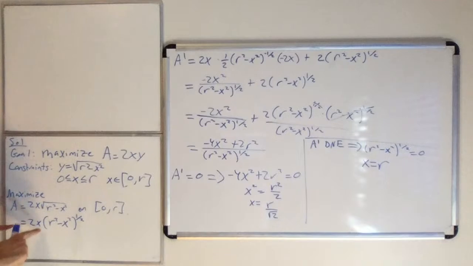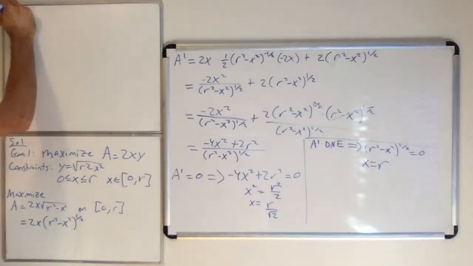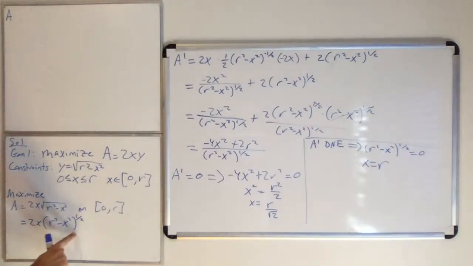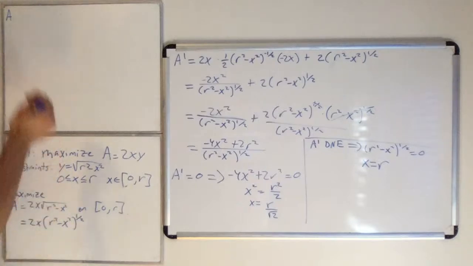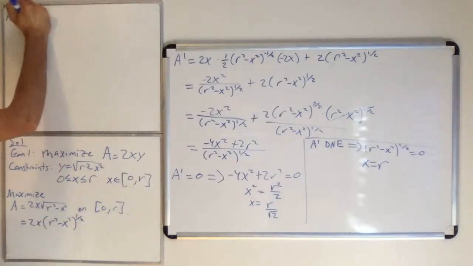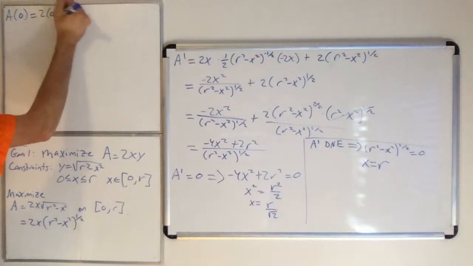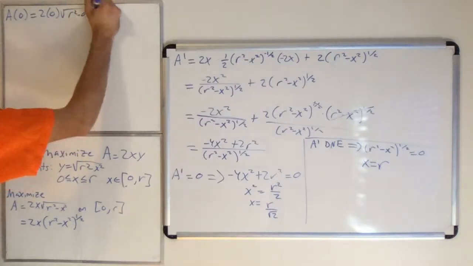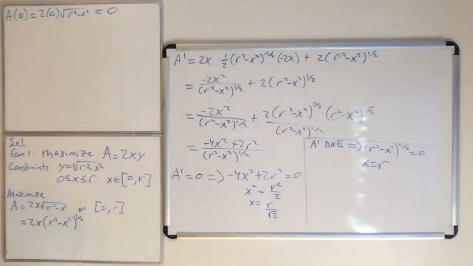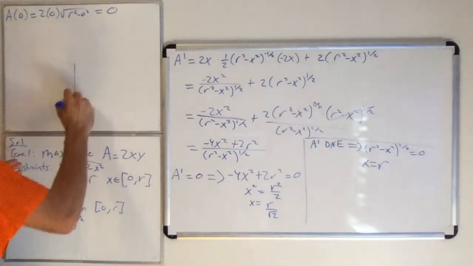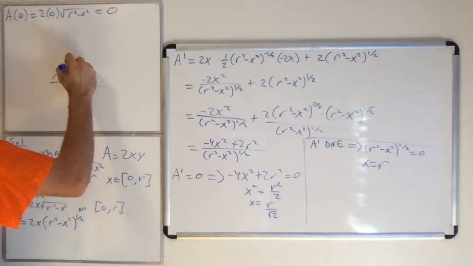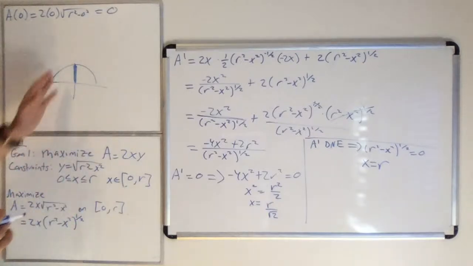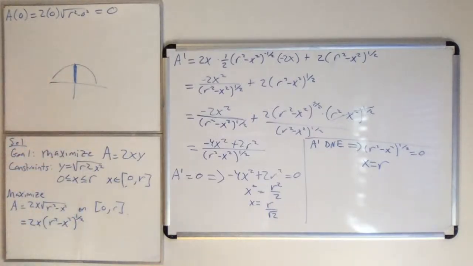So our function is 2x times r squared minus x squared to the 1/2. So when we evaluate at 0, we get 2 times 0 times r squared minus 0, which is 0. And I erased our drawing, but that would mean that was when our rectangle would just be a vertical line. So there's no area to that.